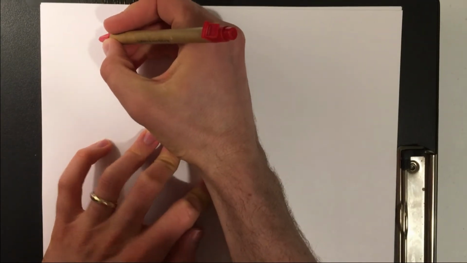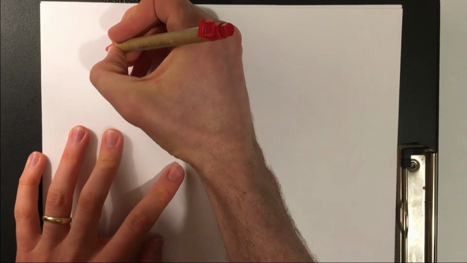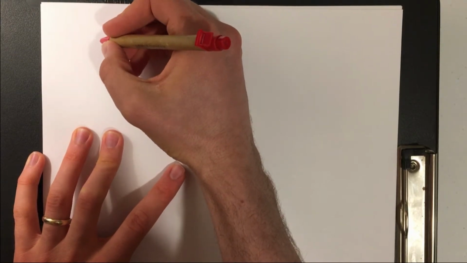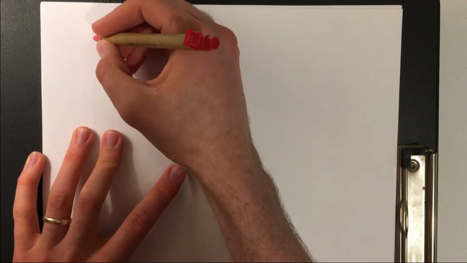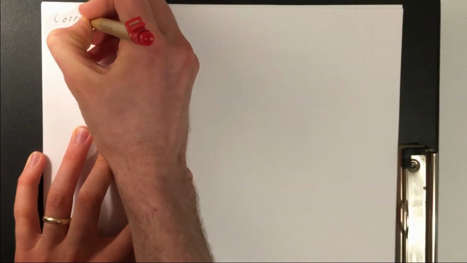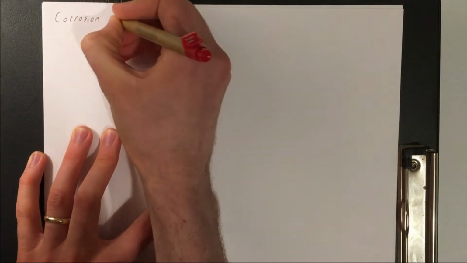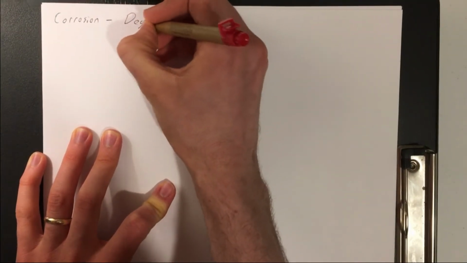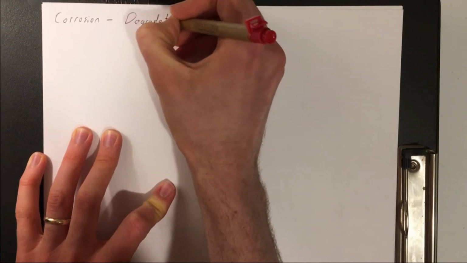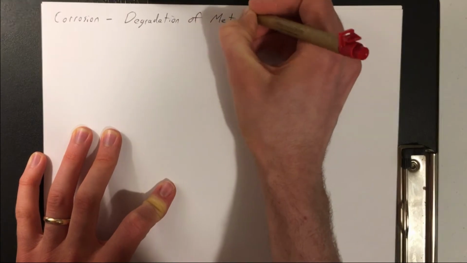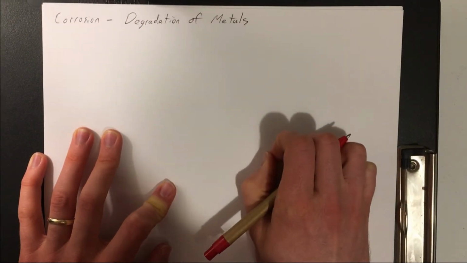So in previous lectures, we talked about how polymers could degrade, but today we're going to talk about how metals can degrade. And the first idea for metals degrading is by corrosion, which we could think of as degradation of metals.